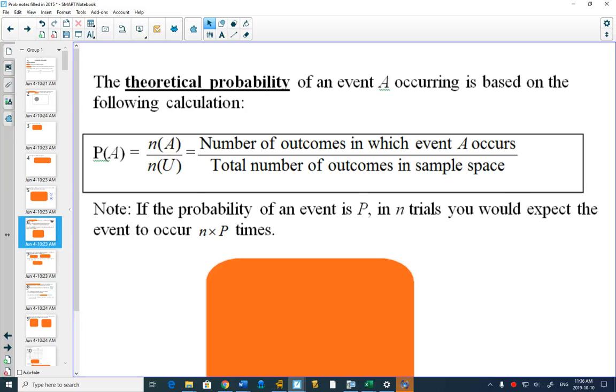So what are your chances of rolling a 7 when you roll 2 dice? Well, the 7 happens 6 times out of the 36. There's a 1 in 6 chance of a 7 being rolled.